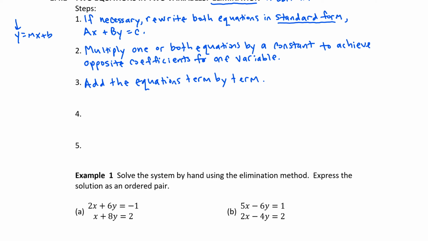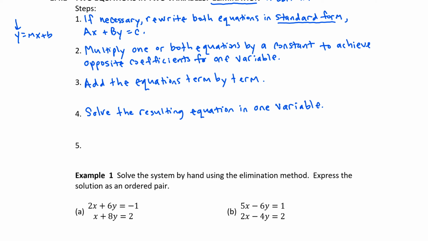The result will be an equation in one variable, and that's where we started Unit 1 with, solving linear equations in one variable. So number 4, solve the resulting equation in one variable.